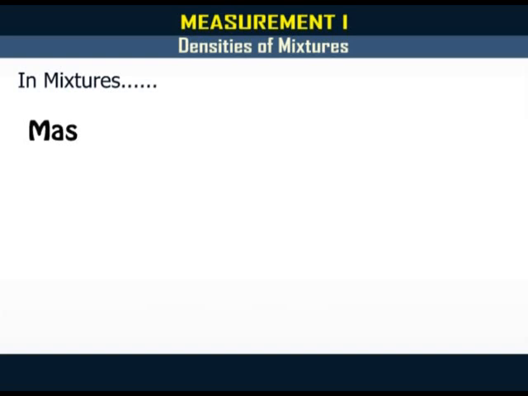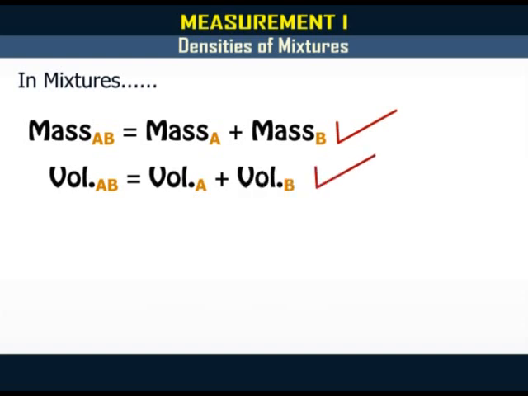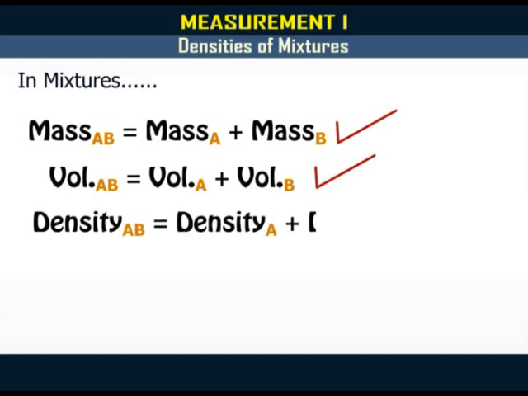The total mass of the mixture is equal to the mass of A plus the mass of B. The total volume of the mixture is equal to volume of A plus the volume of B. And thirdly, the density of the mixture is equal to the density of A plus the density of B, right?